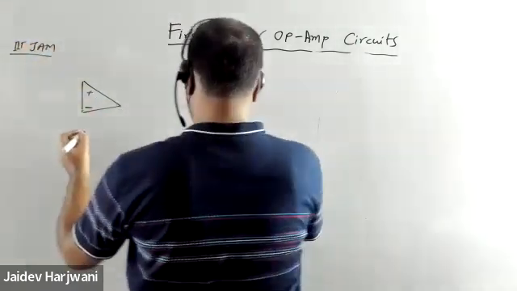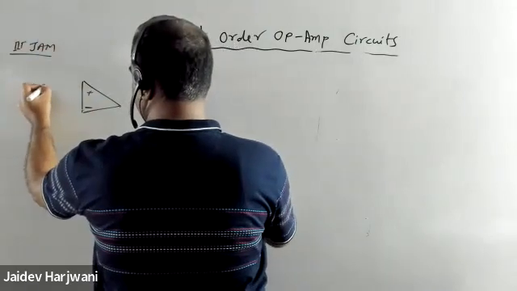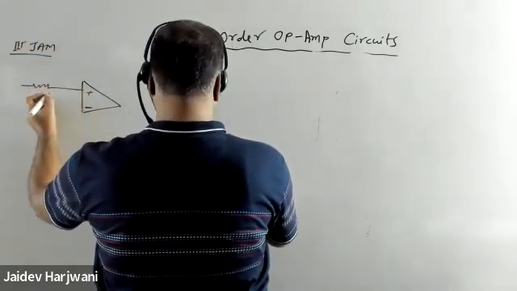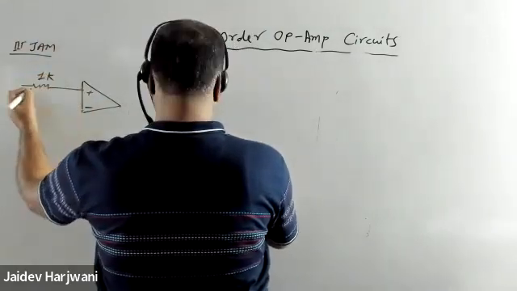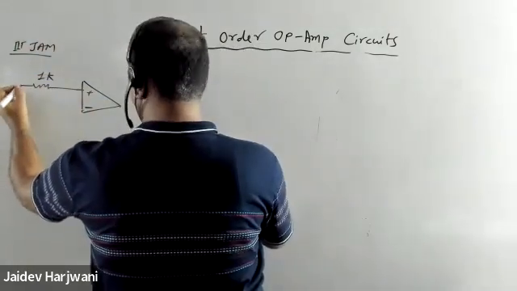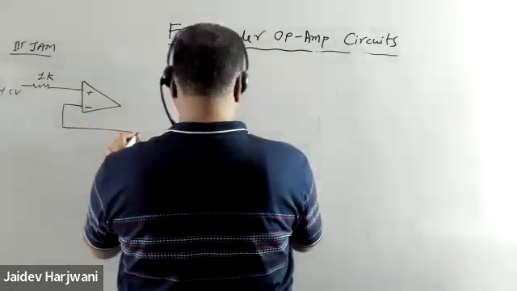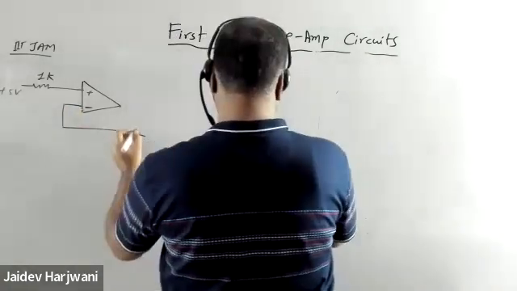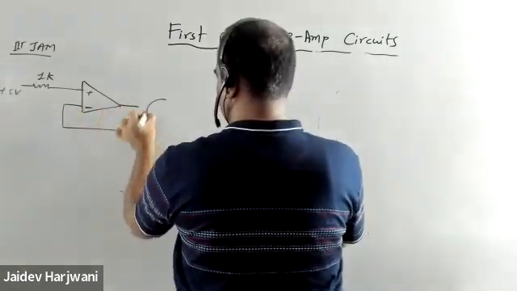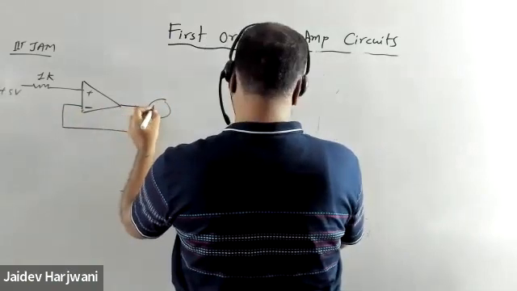We have a resistance here, say 1 kilo ohm. I'm applying plus 5 volts here, and this is a voltage follower, and here I have a transistor.